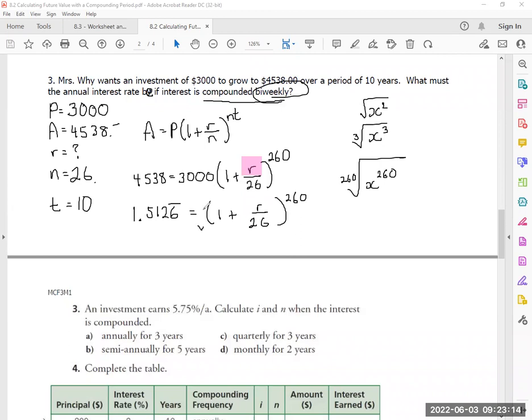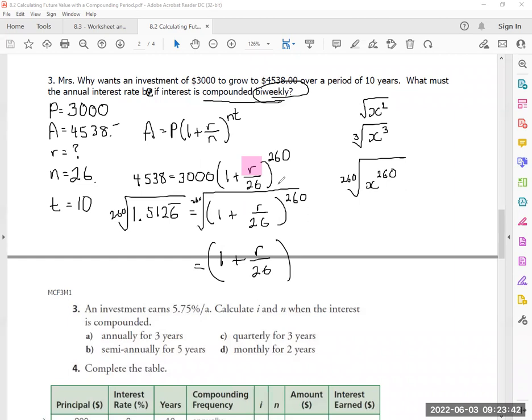So I'm going to do this. This is root of 260, and this is root of 260. So on the right side, the root and the power of 260 are going to be removed. Now I have to solve this side, right? The 260th root and the power of 260 are opposites, so they cancel each other out.